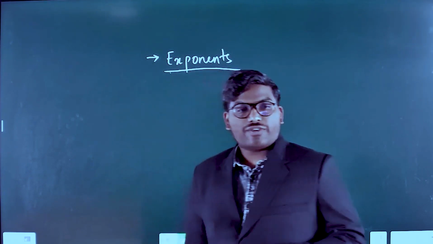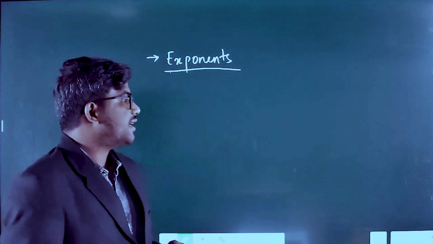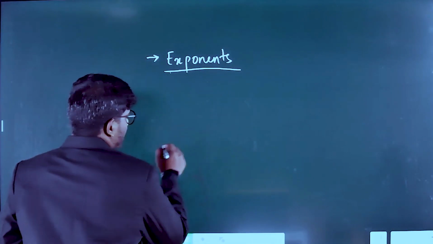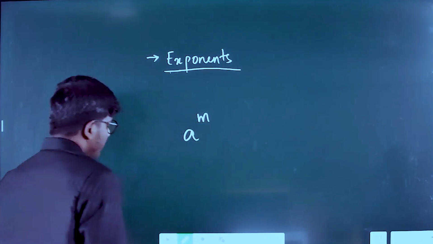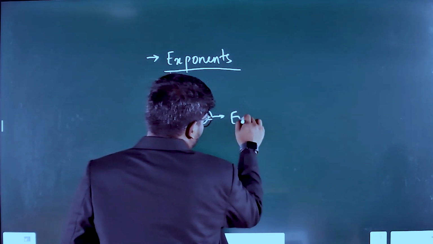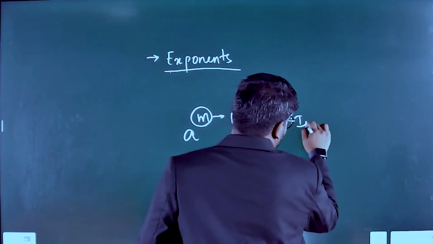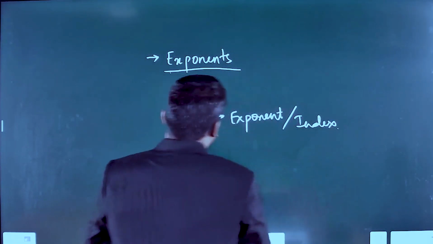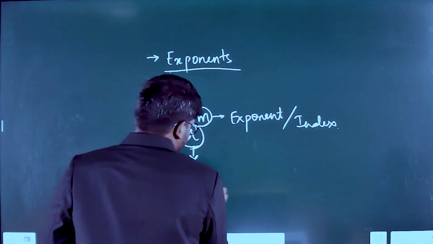Now, for us to understand exponents, we need the knowledge of key factors in terms of powers. So, a power m is a power where m is the exponent or index and a is the base.